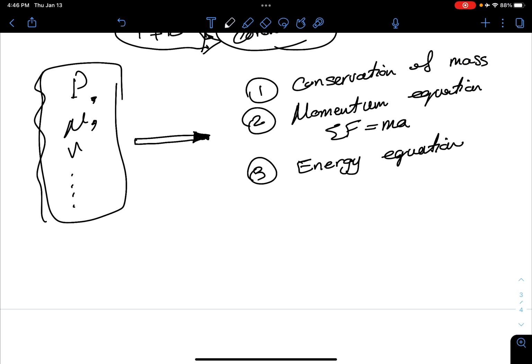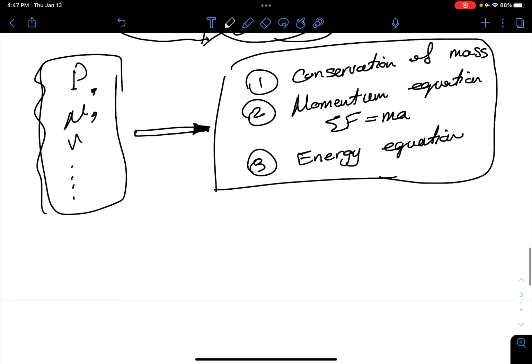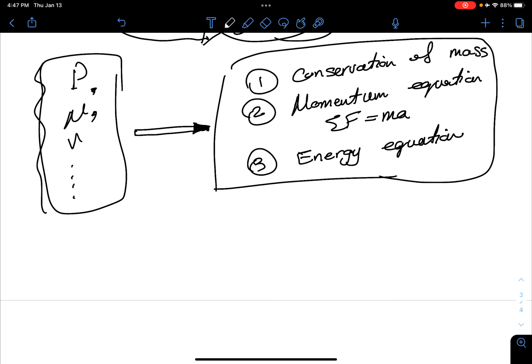Of course, for specific conditions like incompressible laminar flows, we can use Bernoulli's equation or a lot of other simplifications of these equations. But we have the general equations that we are going to go over hopefully in the next lecture. But what we want to do here is to see if there is any other way of looking at things that is going to make things simple for us, but is also general enough.